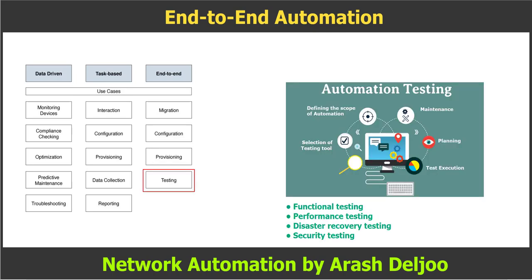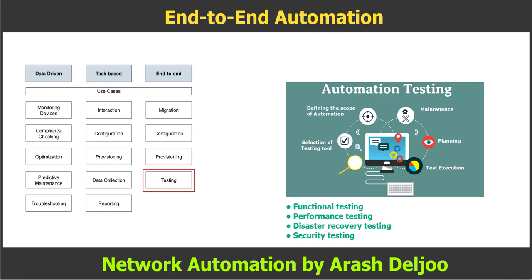The next use case of end-to-end automation is testing. Like migration, testing can be an end-to-end composite use case composed of different tasks such as monitoring, configuration, compliance verification, and interaction. Also, like migration, testing can be automated.